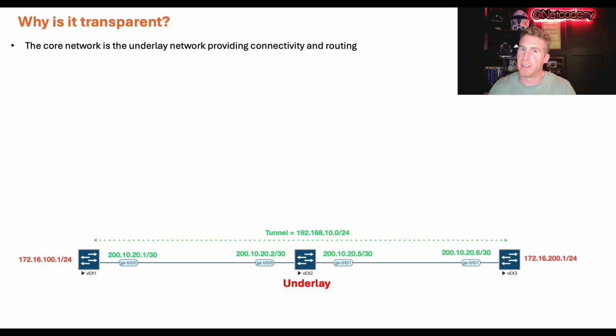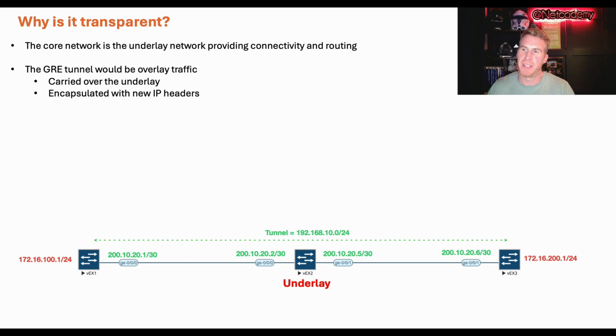And because it's providing the underlay connectivity, it doesn't see the GRE tunnel that's built on top of it. And what's built on top of it is, of course, that GRE tunnel with that 192.168.10.0/24 family INET, the IP addressing and this source and destination. But it doesn't see it because that's what's known as the overlay. So really the underlay is carrying the overlay traffic.